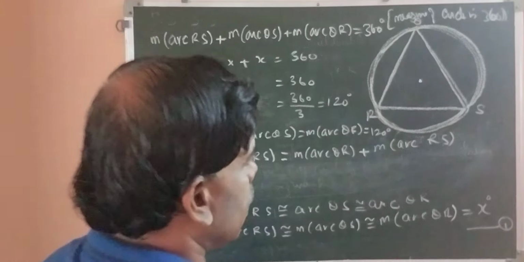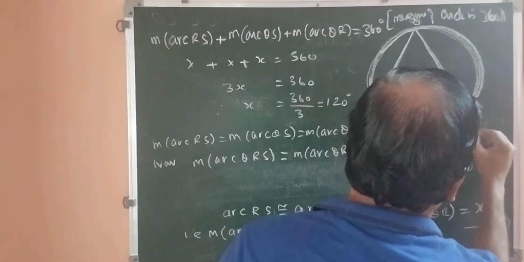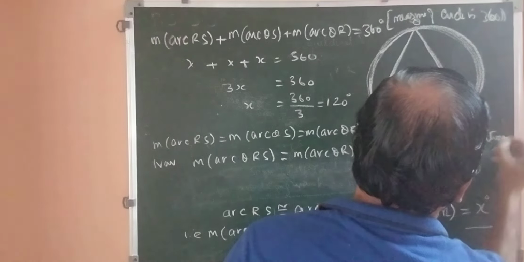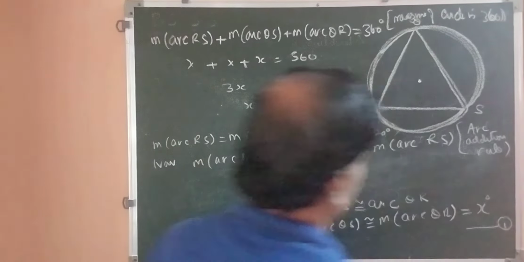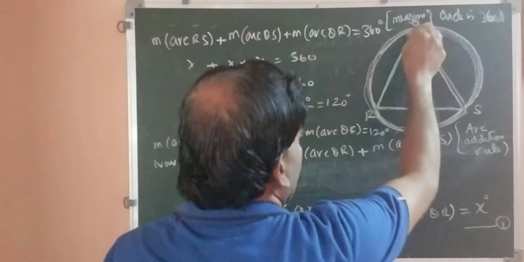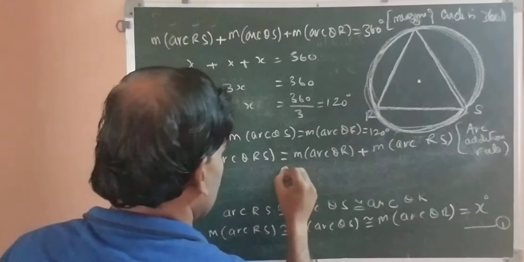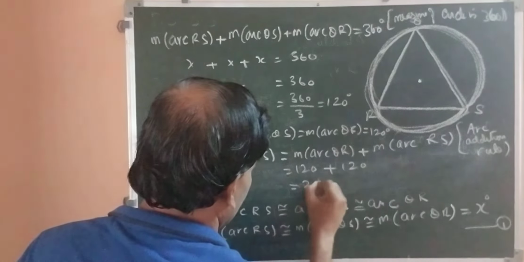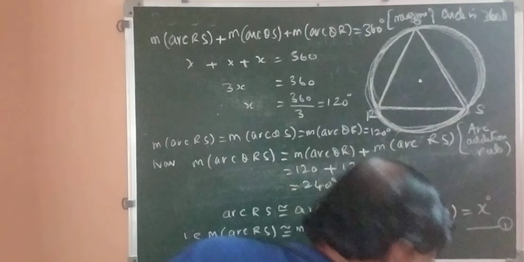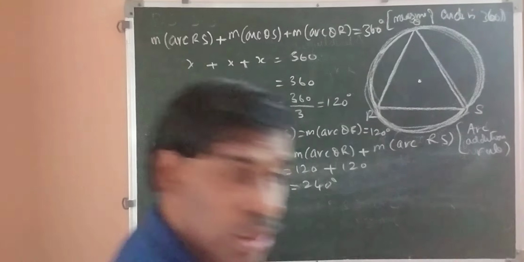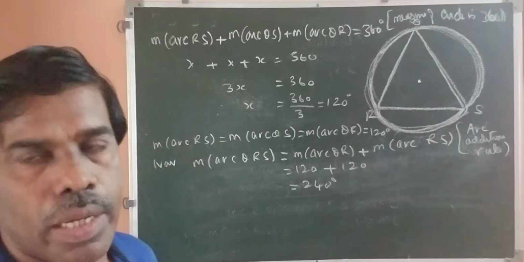See, arc addition rule. So, if you want this total, you can add this and then this. So, it is 120 plus 120 equal to 240 degrees. That's all. This is how we have completed the second sum.